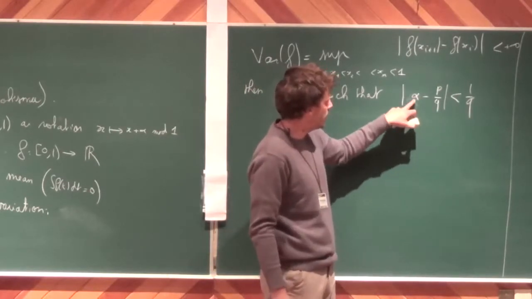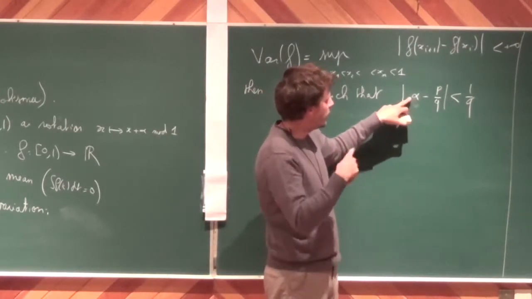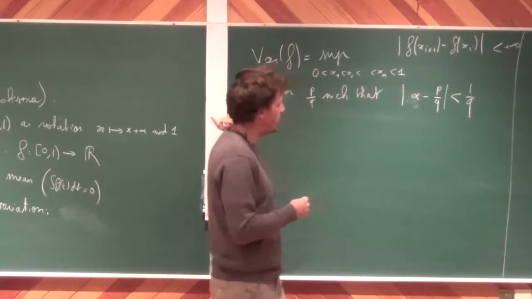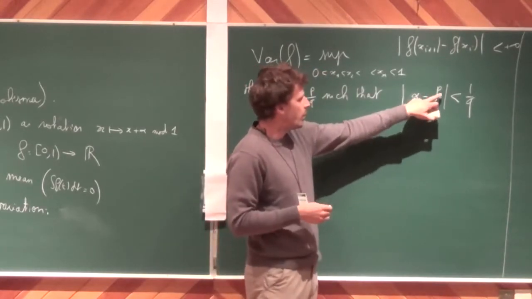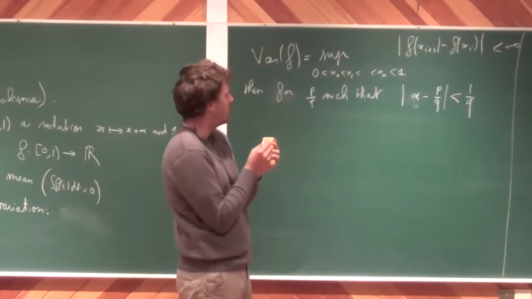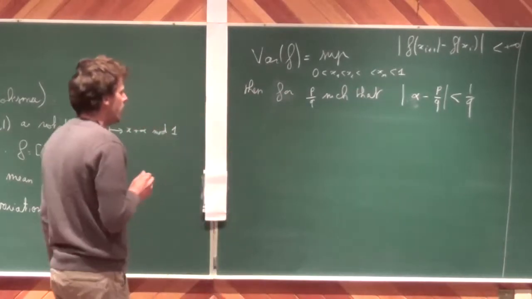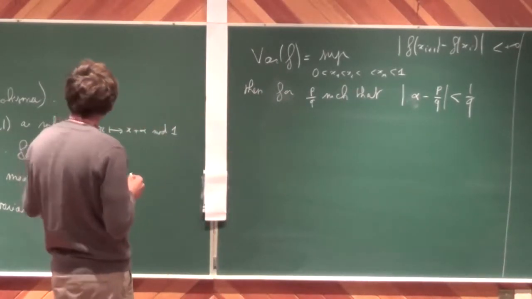Those q's correspond to the ones for which, if you iterate the rotation q times, you are very close to an integer, meaning that your point goes back really close to its initial point in the interval.